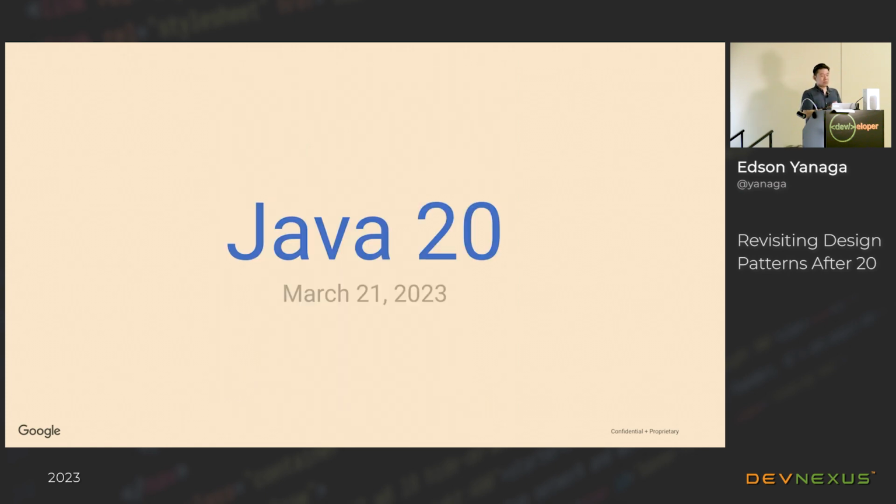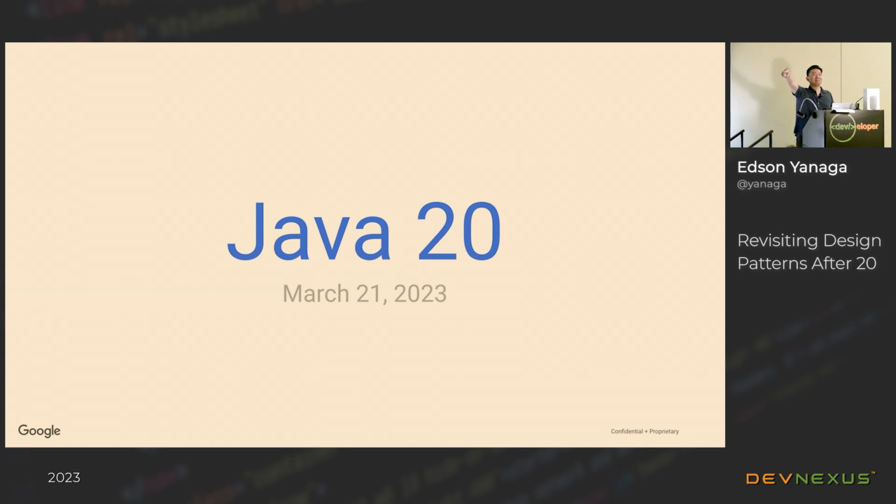Java 20 was released on March 21st. So it has been a couple of weeks since we had the latest and greatest version of Java. How many of you are using Java 20 already? Thank you, Barry. Yeah. So at least one person. Java 17. Oh, I'm surprised. I wasn't expecting that much.